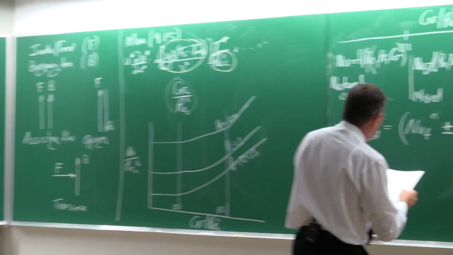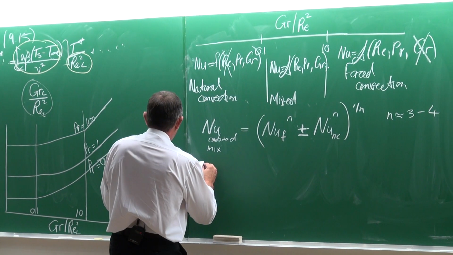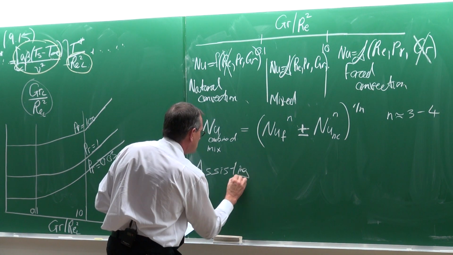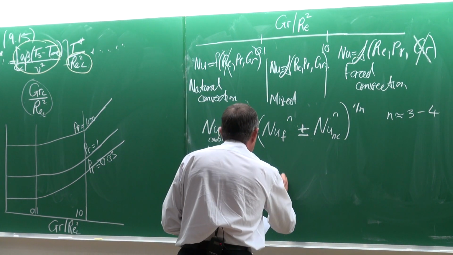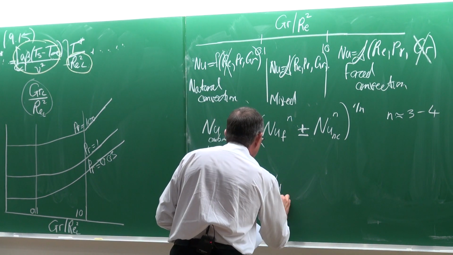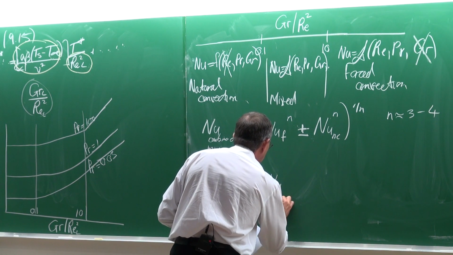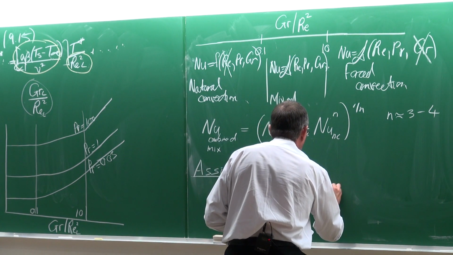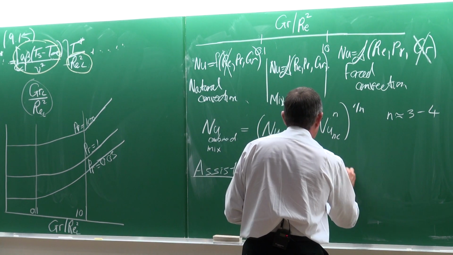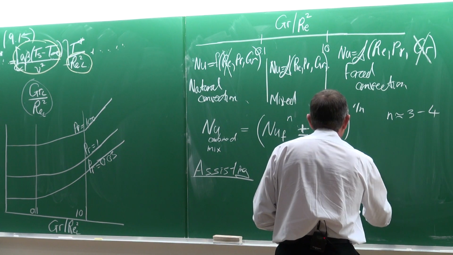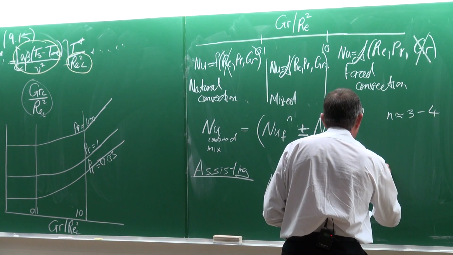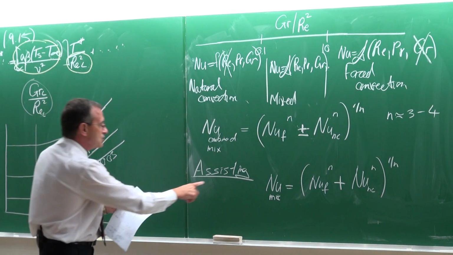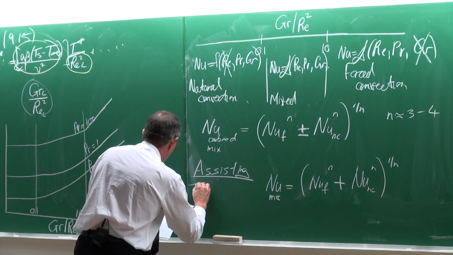So let's just write it down in case you are not sure. If it is assisting flow, then the Nusselt number for mixed convection is equal to the Nusselt number for forced convection to the n plus the Nusselt for natural convection to the n, to the 1 divided by n. And this is not only for assisting flow but also for transverse flow.